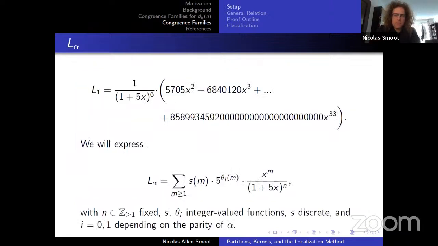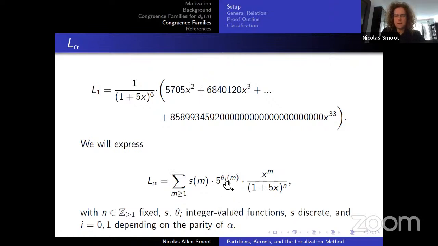So here's the way we start writing a proof like this out. Again, I gave you L1. L1 is that relatively massive rational polynomial. It's basically what it looks like here. So the idea is I'm going to write each L alpha as a sum, say m greater than or equal to 1, of some integer valued discrete function s of m. It will eventually become 0 for m sufficiently large. This is a finite sum.